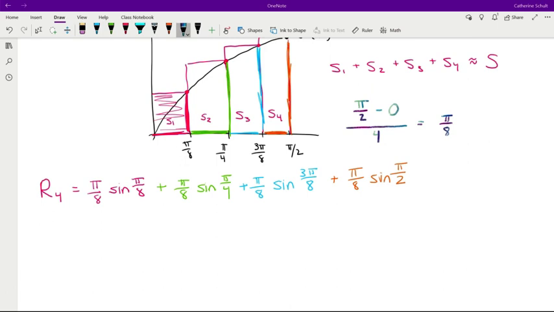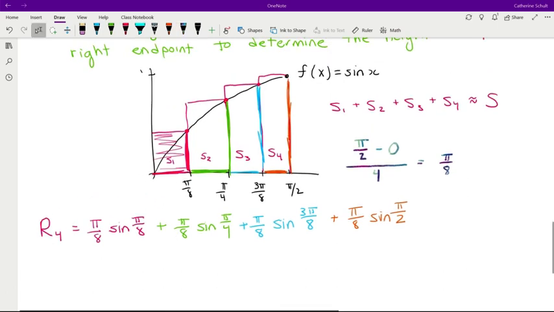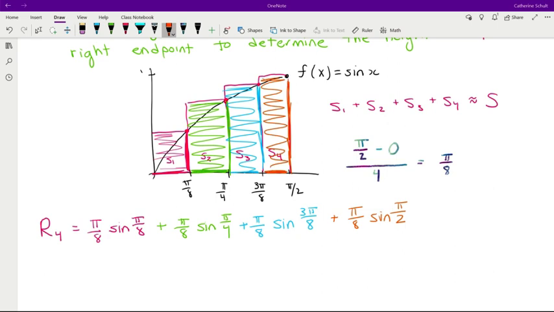All right, and then final thing, if we were to look at all of these rectangles and add them all up, we're saying it estimates the actual area under the curve, but is it going to be a smaller estimation or is it going to be an overestimation?